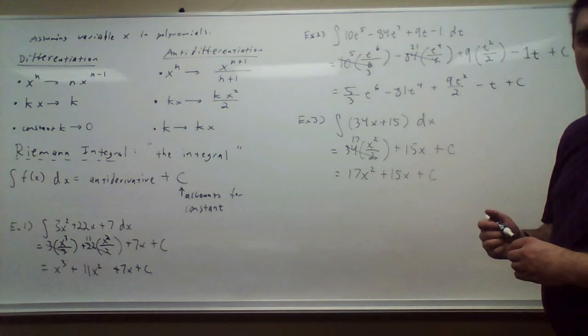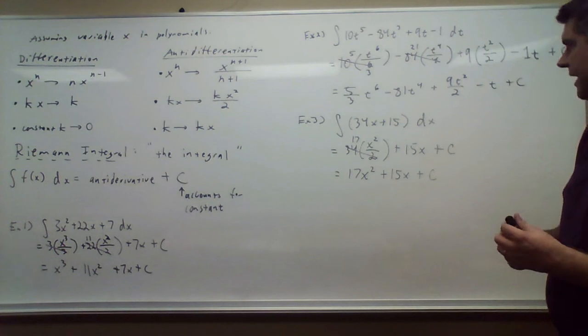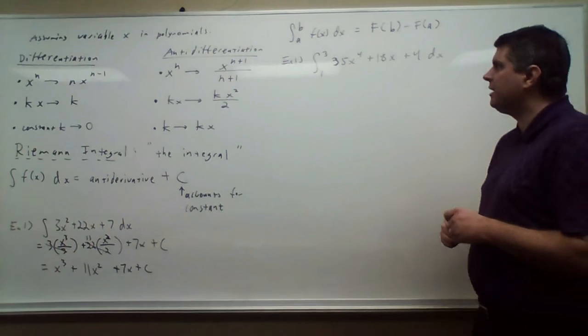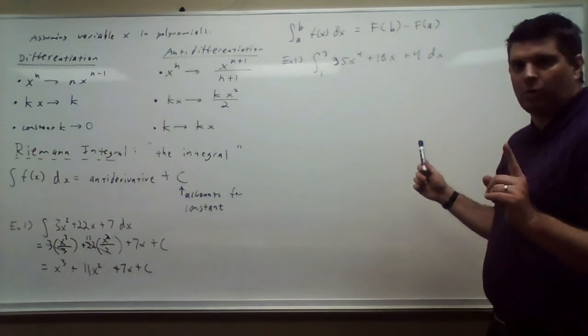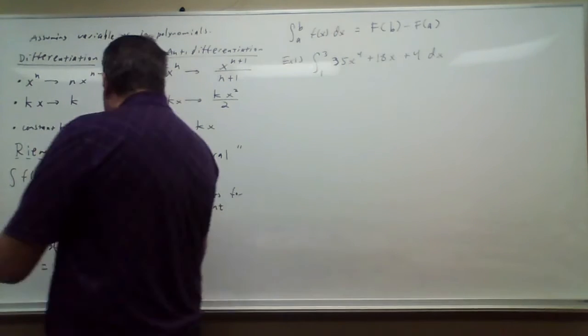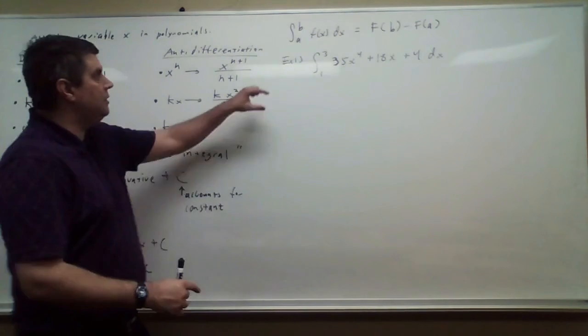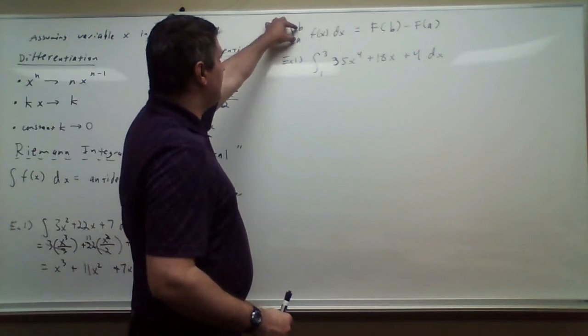All right, let me pause this and move on to something else. Now what we're going to talk about is what's called the definite integral. This is the indefinite integral. There are no boundary values specified. This one has boundary values specified.